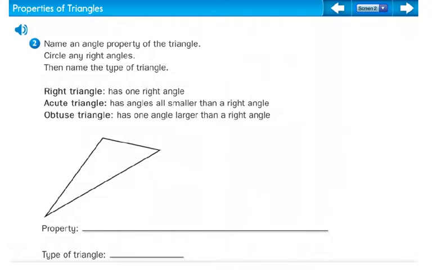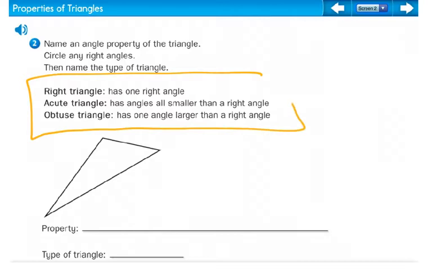Moving on to number 2. Don't forget, we have this information to remind us what kinds of triangles we are talking about today. So number 2, I see the vertices. This is an acute angle. This is an acute angle. But this one right here is bigger than 90.